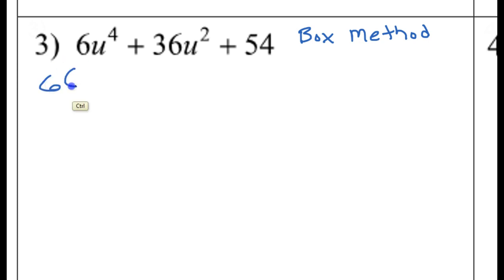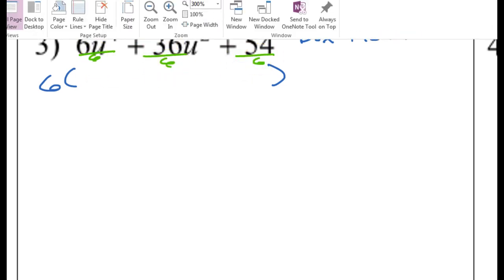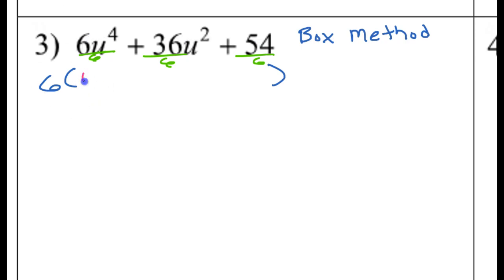So if I take a 6 out, and then divide everything by 6, because you always want to divide by your GCF, that's going to leave behind u to the 4th power plus 6u plus 9.